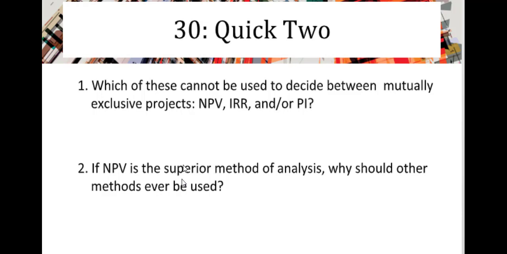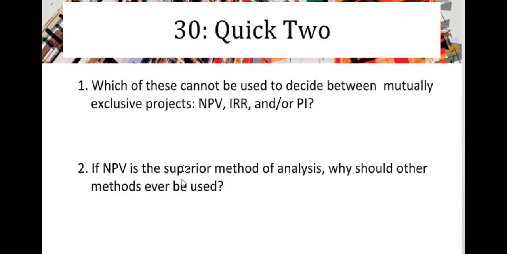IRR suffers from a problem when the cash flows are non-conventional. It cannot be used, and it cannot rank mutually exclusive projects because IRR is a relative method. NPV can be used for mutually exclusive projects.